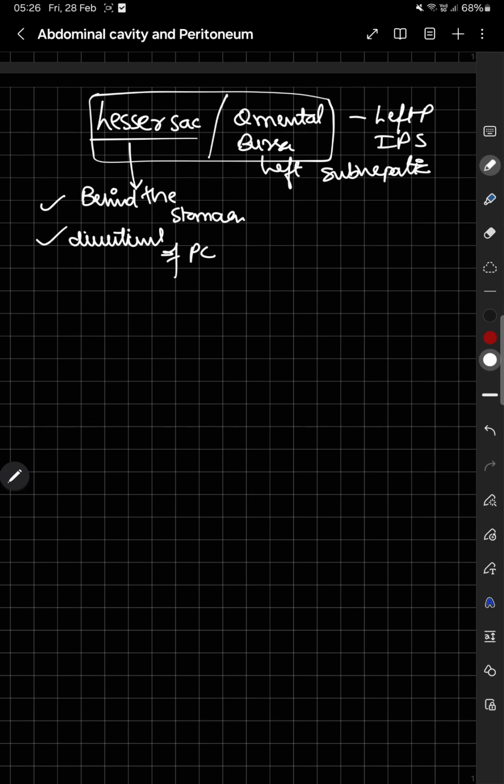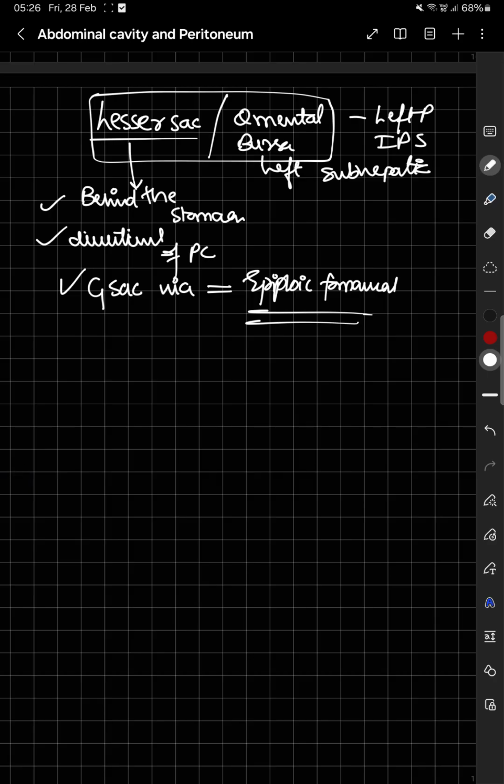Basically all the pouches are diverticula of the peritoneal cavity. And the third thing is it communicates with the greater sac via the epiploic foramen. This is very important, and it is also known as the foramen of Winslow, which basically acts as a communication channel between the lesser sac and the greater sac.